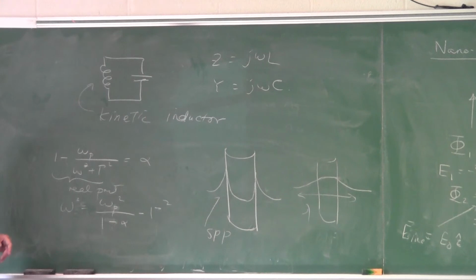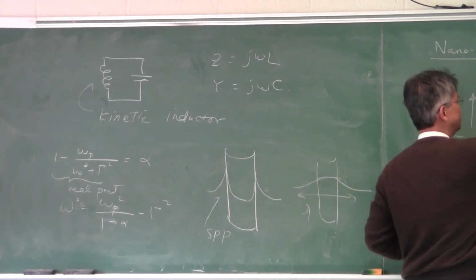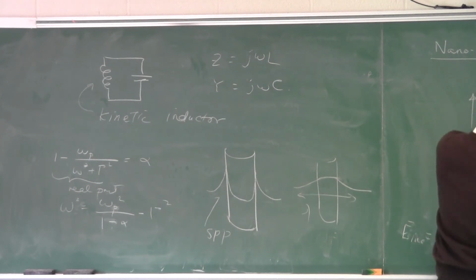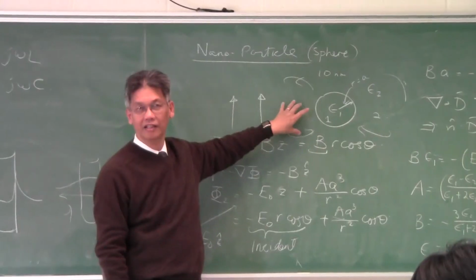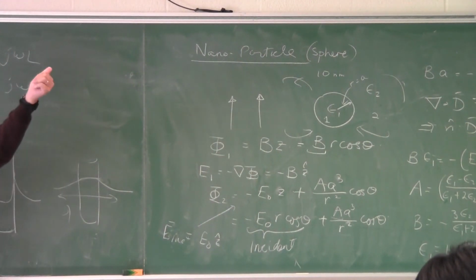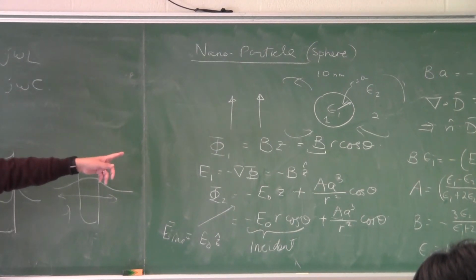There's one picture that you can take. Another picture is that there's a lot of kinetic energy in the electrons in the nanoparticle. Those electrons have inertia, and when you try to move them around, the kinetic energy is being exchanged with the electric field energy outside. You have a lot of stored electric field energy outside. And to have any oscillating system, any resonant system, there has to be an exchange of two energies: the stored energy in the electric field with the stored kinetic energy in the electrons.